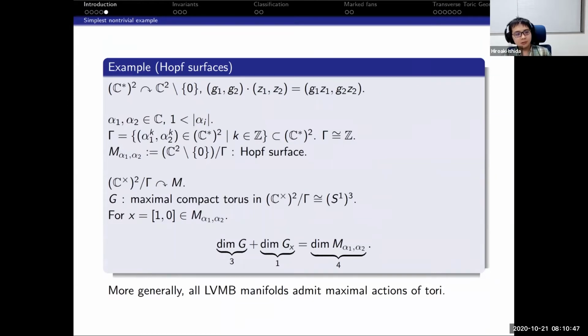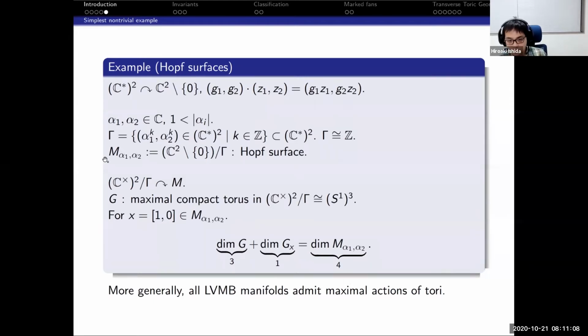More complicated examples are Hopf surfaces. So we consider the coordinate-wise action of C star squared on C2 minus 0 by coordinate-wise multiplication.